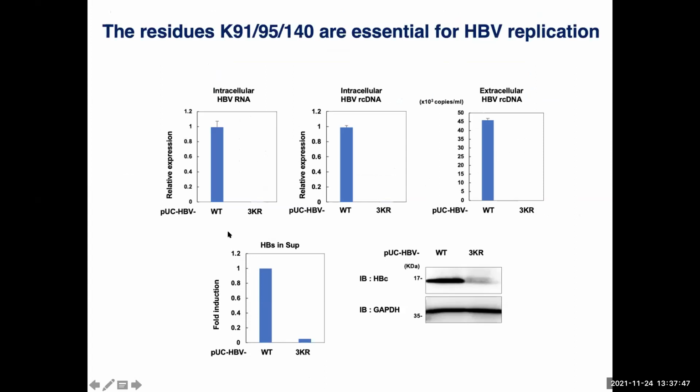Now, when we introduced the mutation into the HBV plasmid, this mutant didn't replicate at all, which is very surprising. And this data clearly suggests that these 3 lysine residues are important for HBV replication.